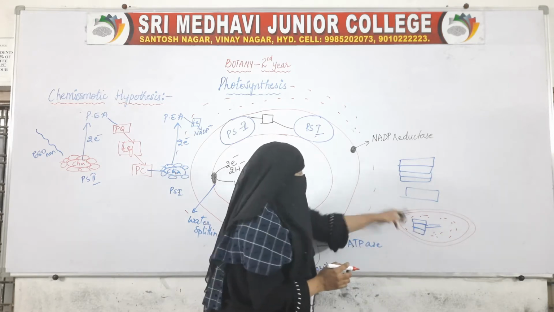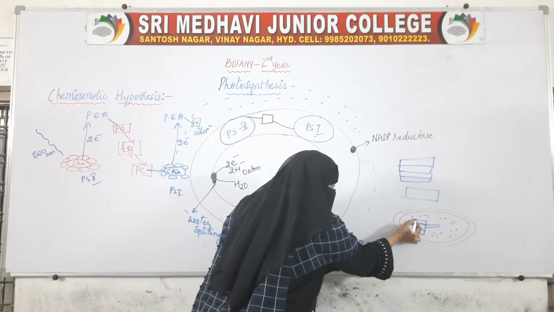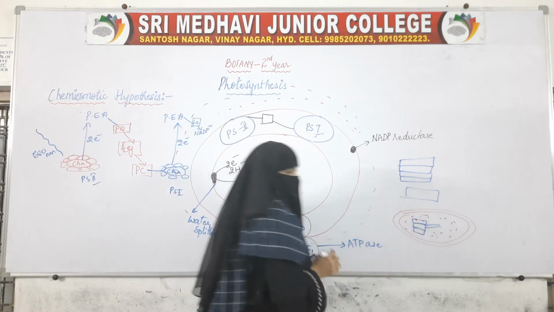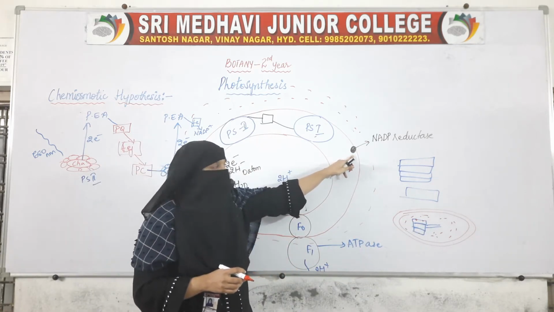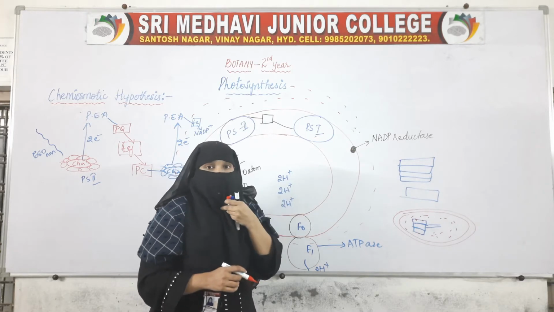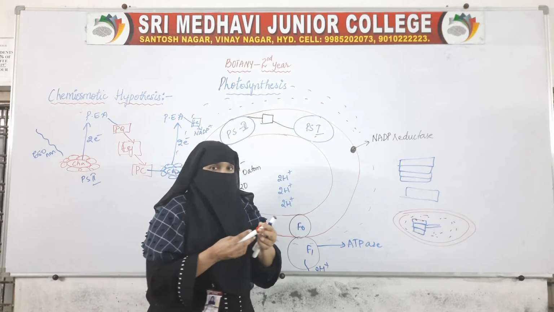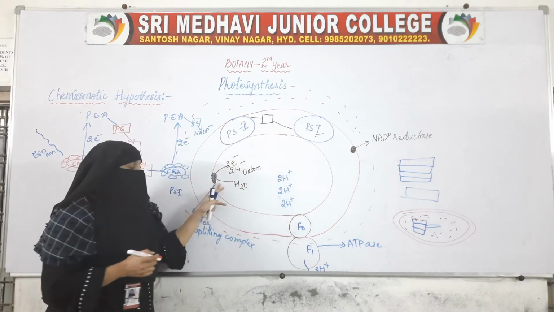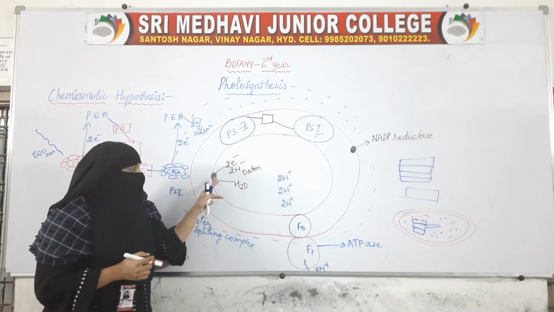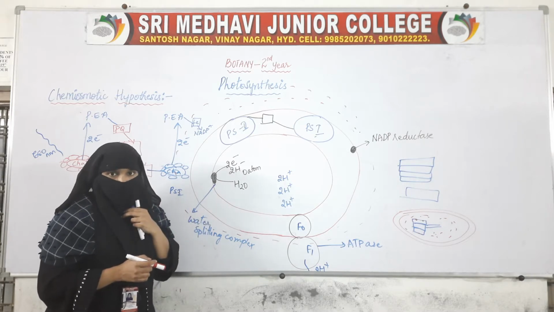So where is the photosystem? They are present on the thylakoid membrane. On the outside of the thylakoid membrane we have the NADP reductase complex, and at the inner side of the thylakoid membrane we have the water splitting complex.